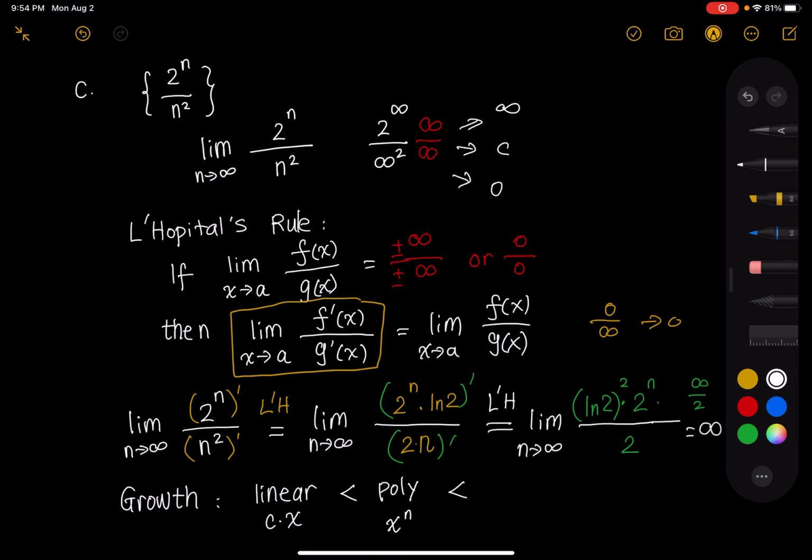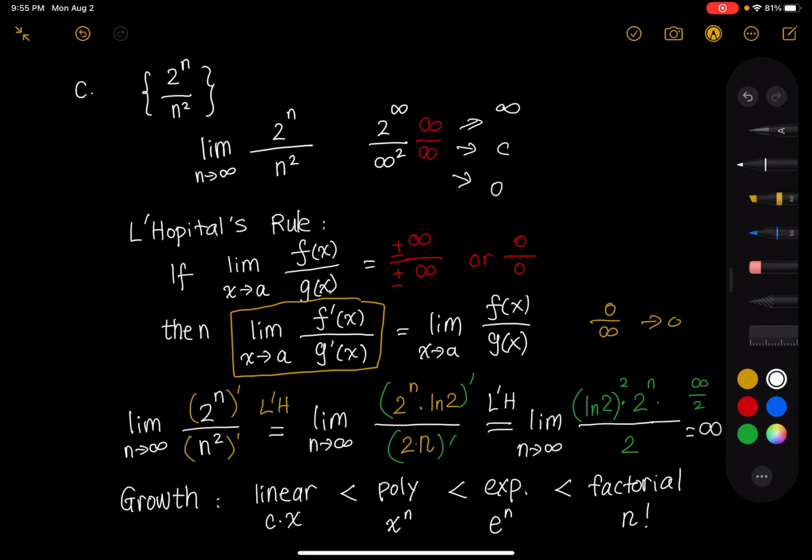And that is not going to grow as fast as an exponential, which is like 2 to the nth power, e to the nth power. And that is not going to grow as fast as a factorial, which is n factorial. So that is something that you can keep in mind.